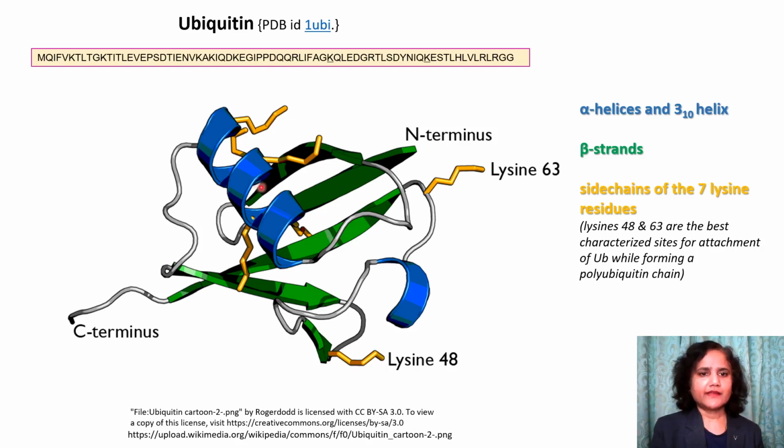And it also has an alpha helix and also a short 3-10 helix. So this is a tightly packed globular structure, and this mixed beta sheet packs against the alpha helix to form this hydrophobic core. And it's actually common in many protein families.